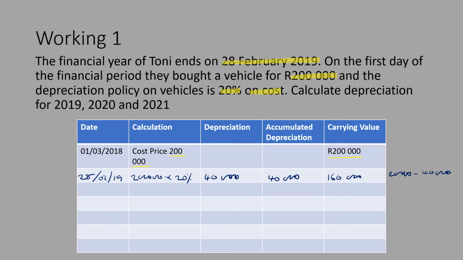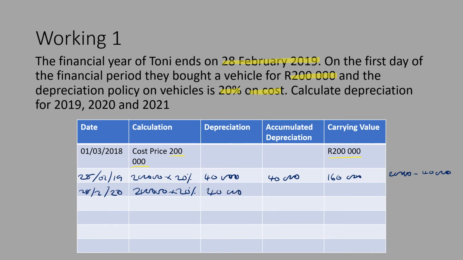Then at 28 February 2020, my depreciation will be calculated the same way, straight line method times 20%, which is 40,000.